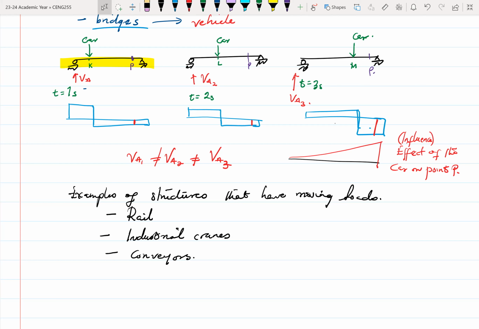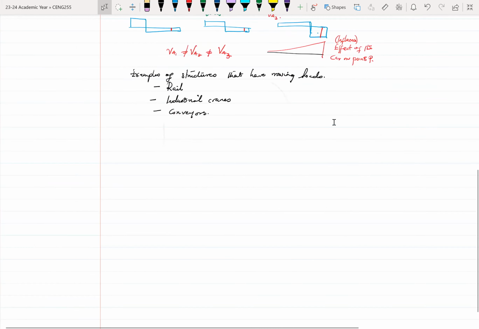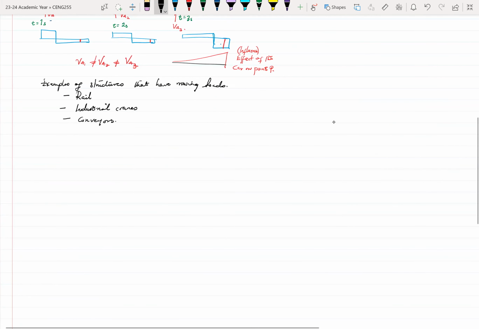All right. So let's look at a few things, and maybe that would explain the concept to us. So now let's define influence lines, since I've mentioned it.